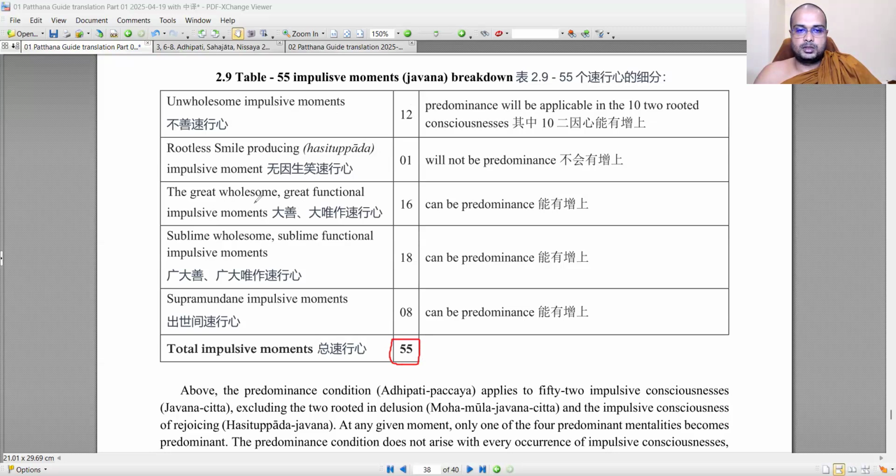For the great wholesome and great functional impulsive moments, there are 16. And for the sublime wholesome and sublime functional, there are 18, right? The Mahaggata wholesome and functional cittas are applicable. And for the supramundane impulsive moments, there are 8, the Magga and the Phala consciousness. However, from these 52, right?